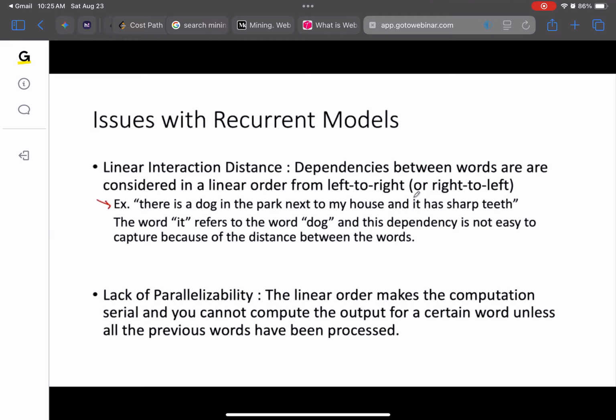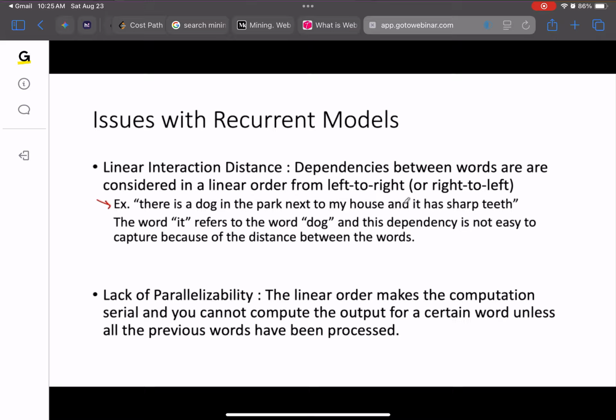Here, the word "it" refers to the word dog. There are a lot of words in between "it" and "dog", so it's pretty difficult to carry such a dependency from dog to it. Although there are some techniques like LSTMs and GRUs which help us, it's still not possible to capture it.